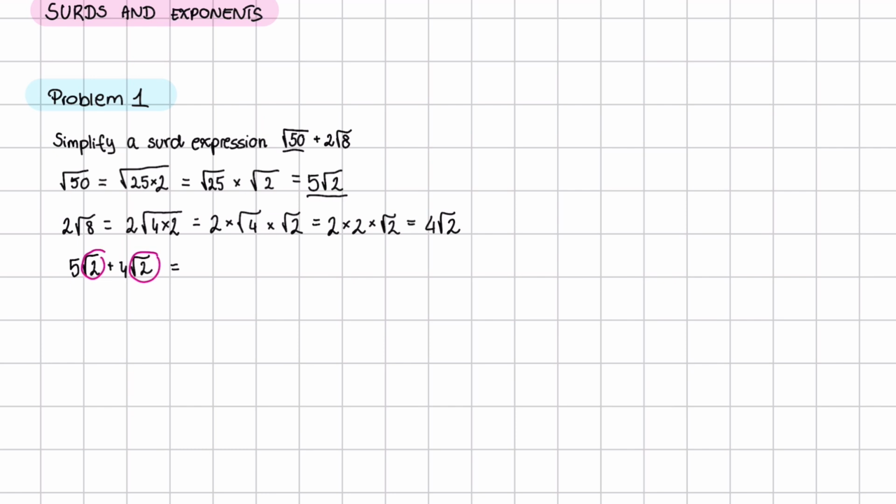So 5 plus 4 is 9, and here is square root of 2, because the same number under the square root allows us to add the numbers in front of this square root.